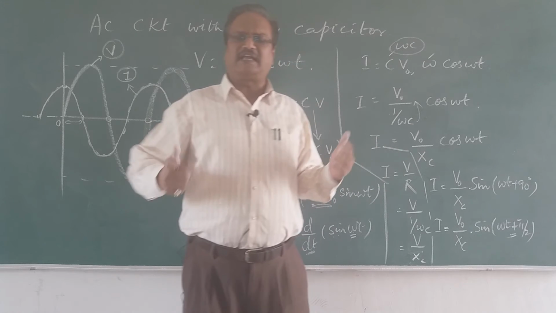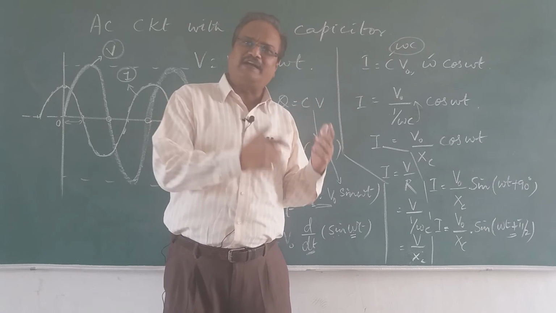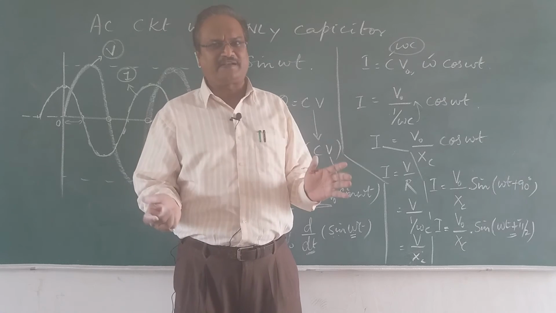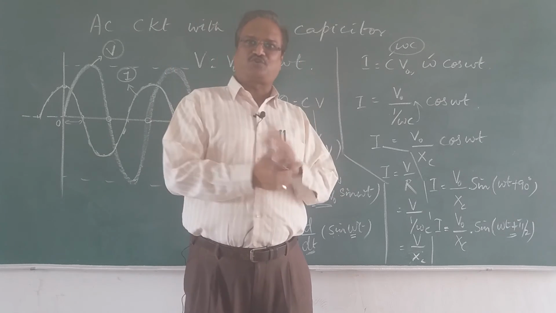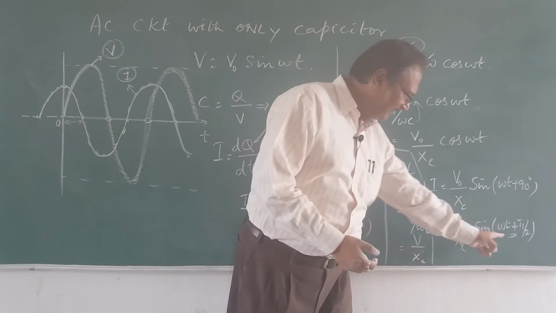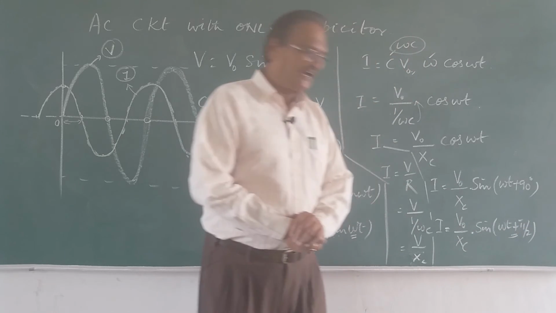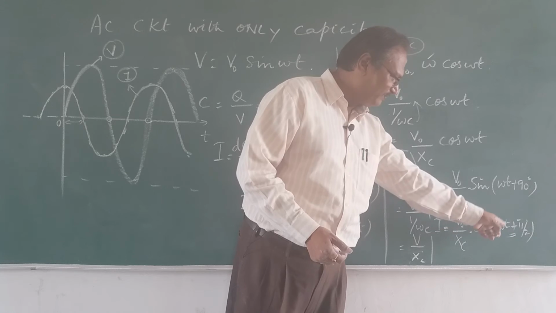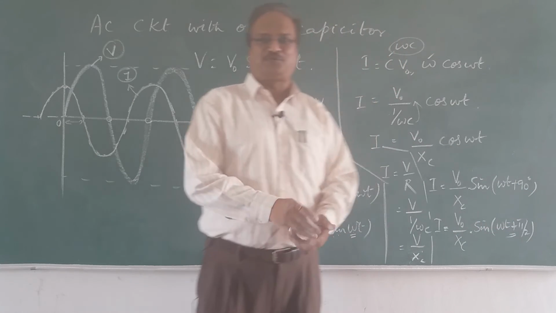Cos omega t can be written as sin of omega t plus 90, or 90 plus omega t. It does not matter because it lies in the first quadrant. And having done this, I can say I is equal to V naught upon XC into sin of omega t plus pi by 2.